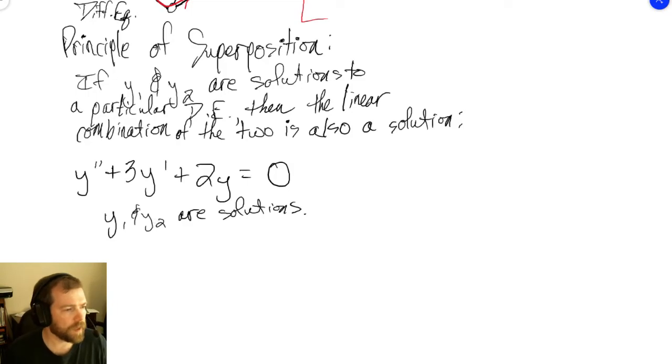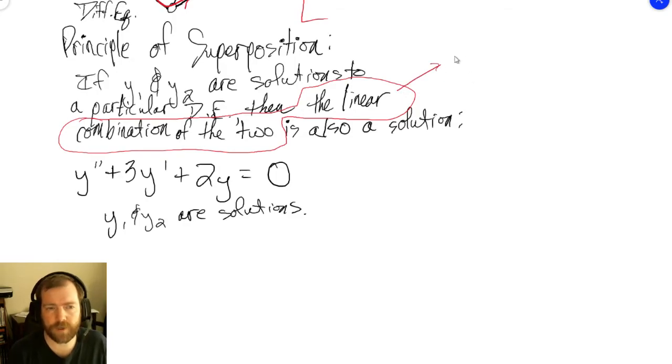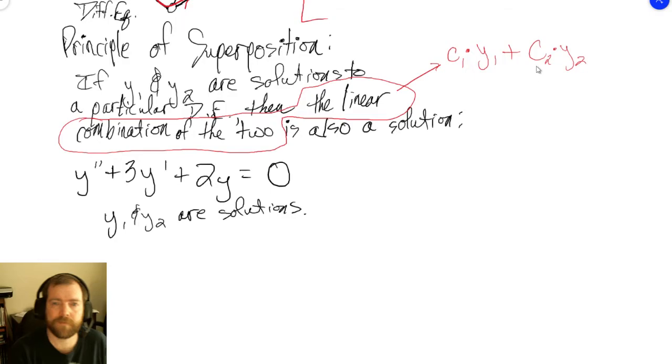So if we take the linear combination of the two, what does that mean? It's going to be c1 times y1 plus c2 times y2. That is the linear combination of these two things.